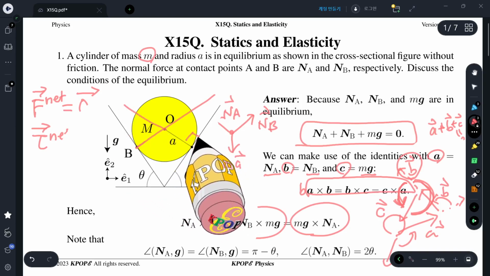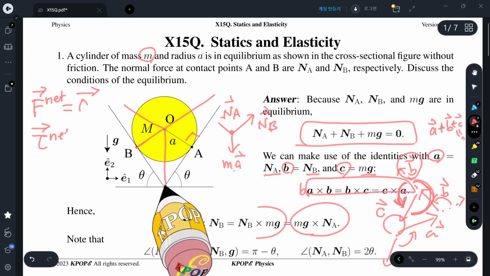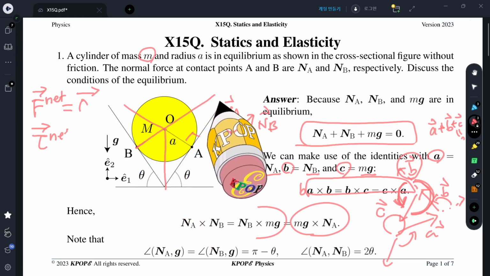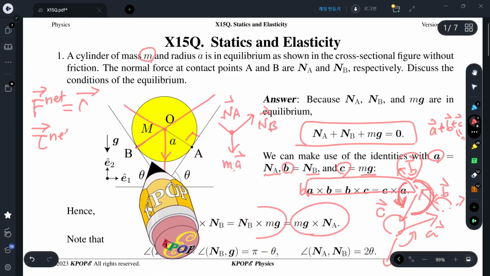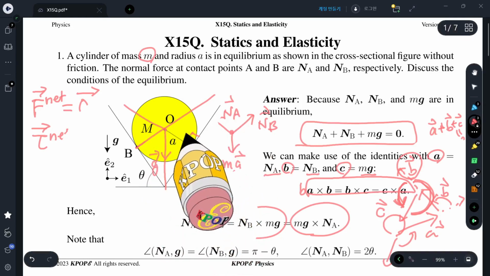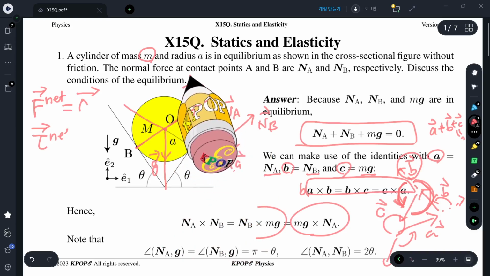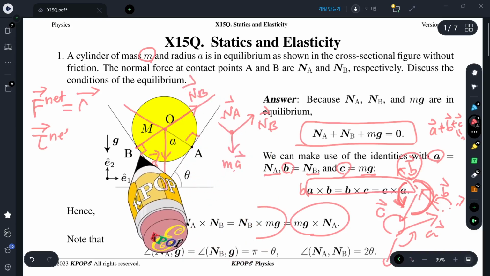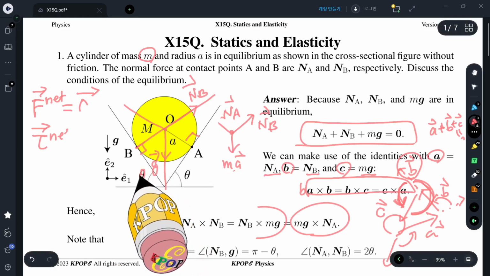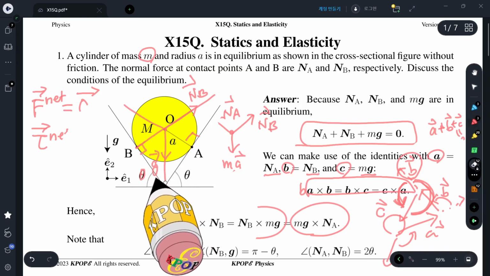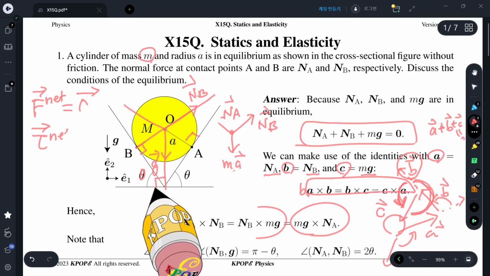This is a right triangle. Where is NA? NA. This is the direction of G, and let us choose the NB direction. NB is here. This one has a right angle, and this is theta. And this is a right angle.